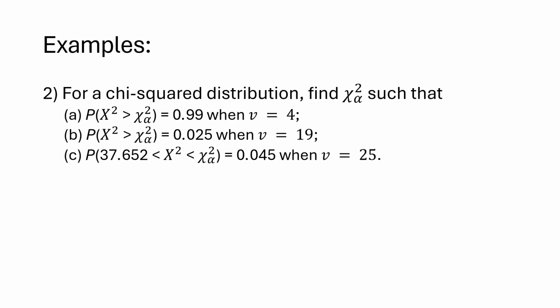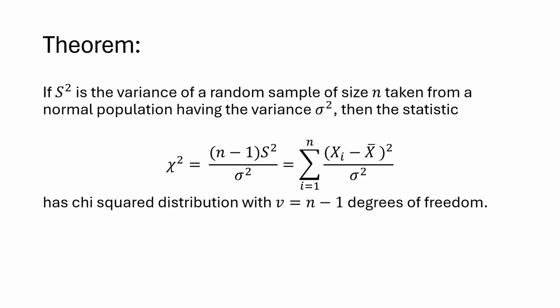Okay, so let's go further. Now the main theorem, on which we'll be solving problems. If S square is the variance of a random sample of size n taken from a normal population having the variance sigma square, then the statistic chi-square equals (n minus 1) S square upon sigma square, which is equal to the summation of (xi minus x bar) square divided by sigma square.